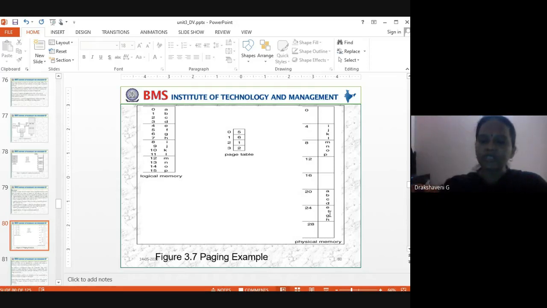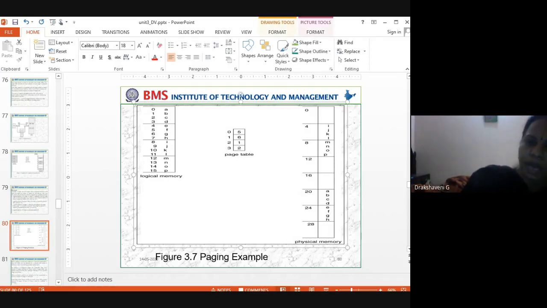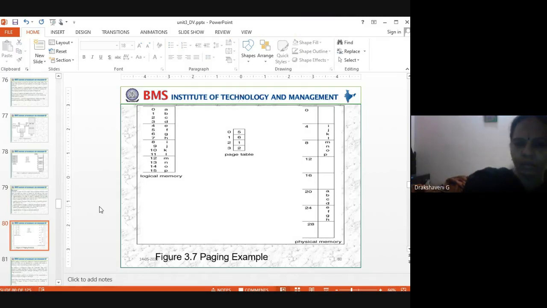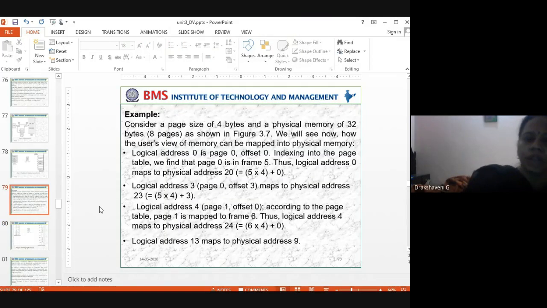How do we find this physical address? 5 into 4 is 20, and 20 plus 0 is 20. So at address 20, A, B, C, D are present. These are 0, 1, 2, 3 of the logical memory. Logical address 0 is page 0, offset 0.